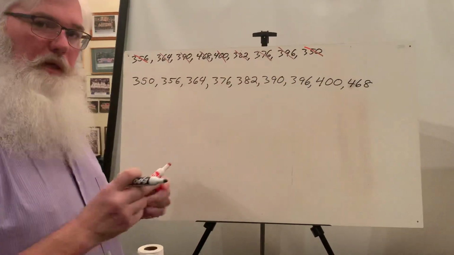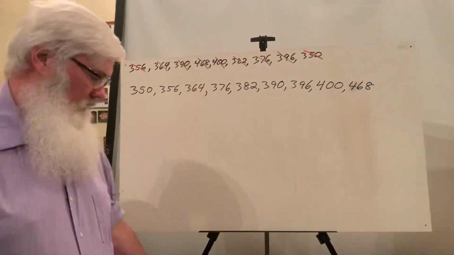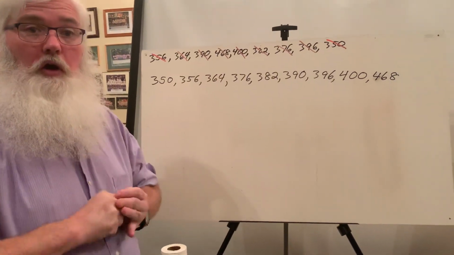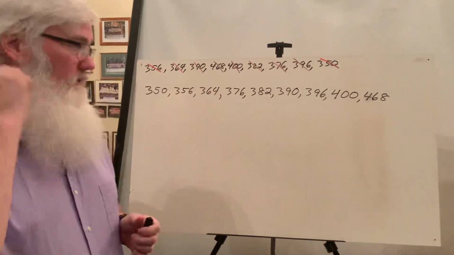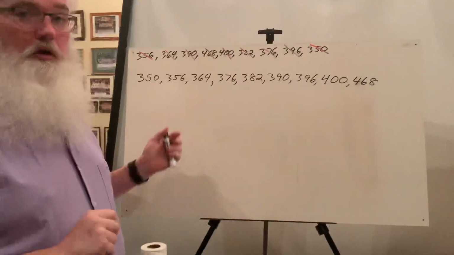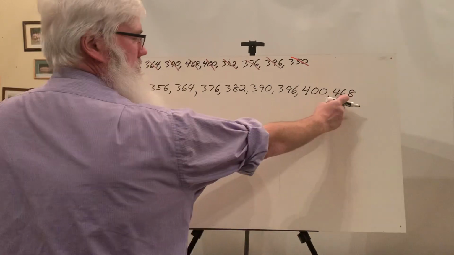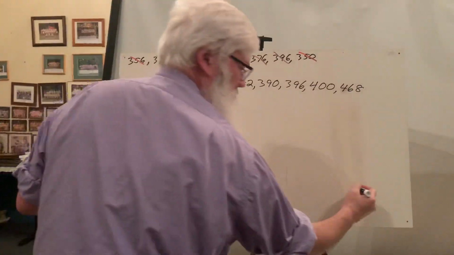Okay, so now we've reordered our data set. And that's important because otherwise we would never be able to find all of what we need to find. All right, so we're going to start by finding our range. Our range is going to be our highest number minus our lowest number.